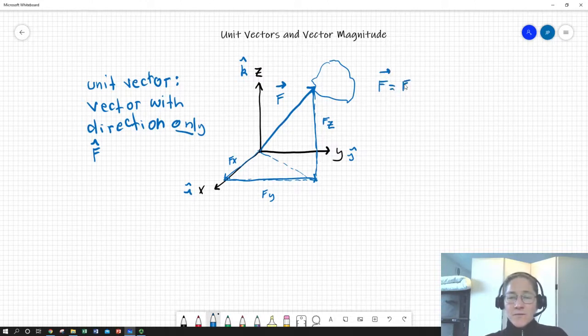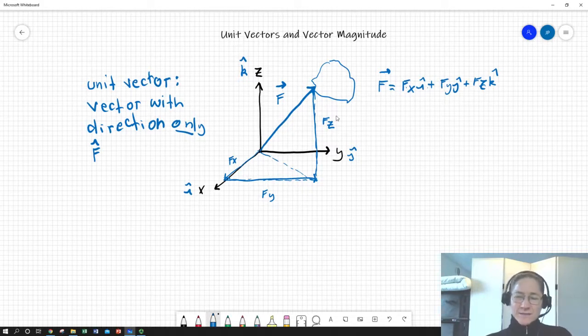So my full force vector F is the magnitude of its component that's pointing in the x direction times unit vector i hat that denotes the x direction, and likewise for y and z components in the j hat and k hat. These unit vectors give me a direction, and they turn what otherwise would have been a magnitude into an actual component vector.